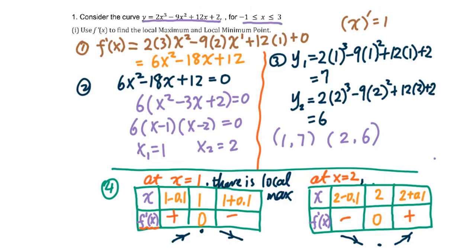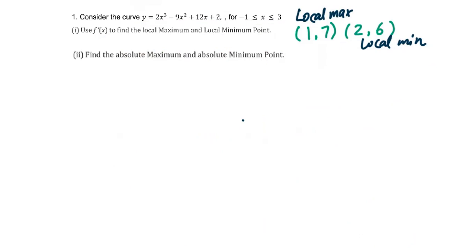Therefore, at x equals 2, it's a local minimum point. For number 1, we already figured out the local maximum is (1, 7). Local minimum is (2, 6).